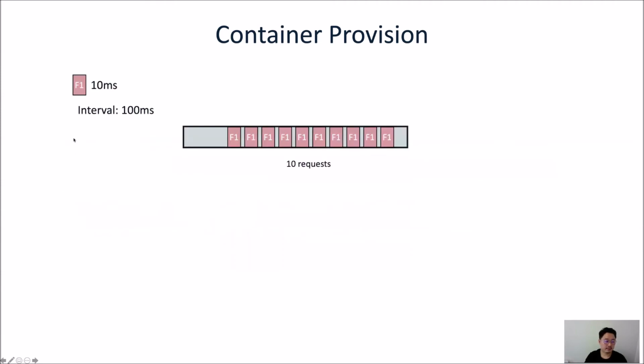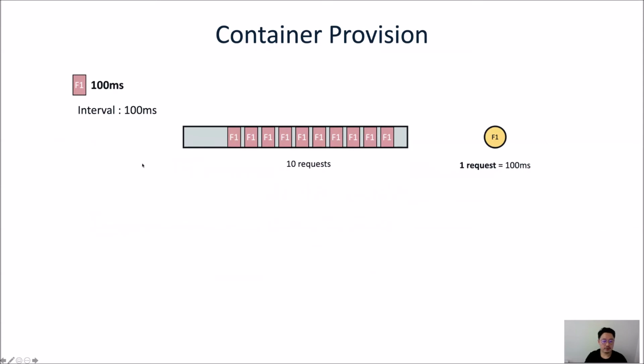So let's say the execution time of function 1 is 10 milliseconds, the interval to check the queue status is 100 milliseconds, and there are 10 requests in the queue. Then one container can handle 10 requests in the interval, so it can handle all 10 requests.